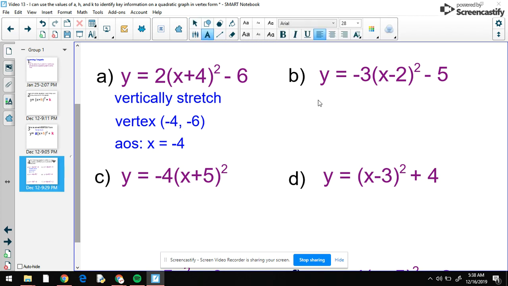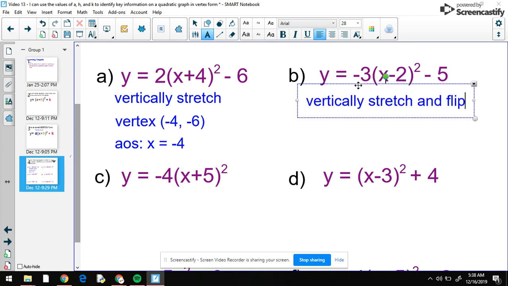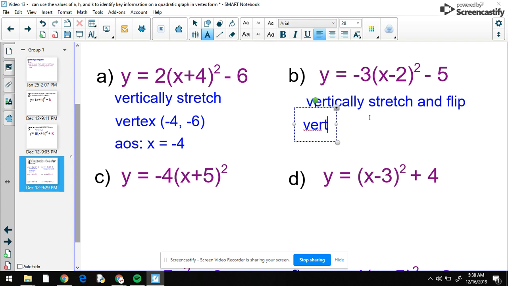Now if I move on to this next one here, I notice that this graph is going to vertically stretch and flip based on that a value of -3. I then notice that I can identify my vertex since this is written in vertex form. So my vertex is going to be the opposite of h, which -2 becomes a +2.